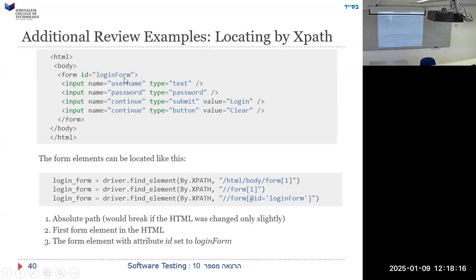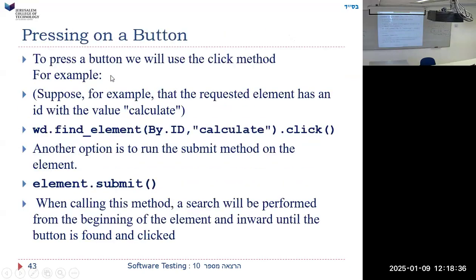There's a lot of things here. There's a button here, so I have to actually go to the element whose name is continue and whose type is button. Then I can do click. Or what it's saying is, I could just say submit on the form. Why? Because every form has exactly one submit. If there's two, they both go to the same place.